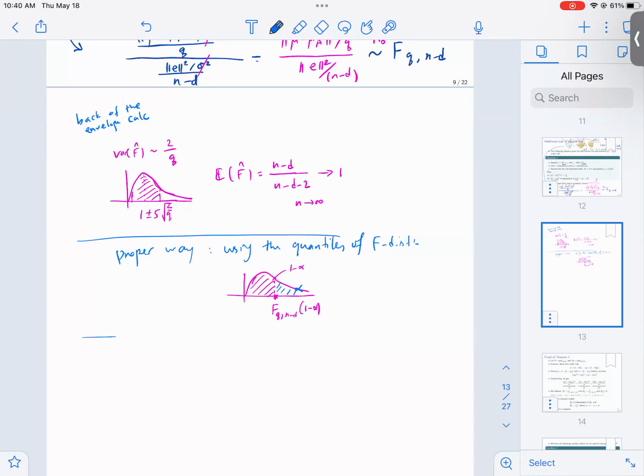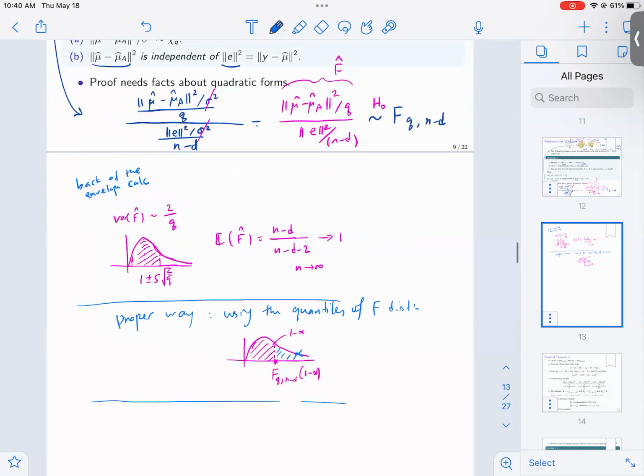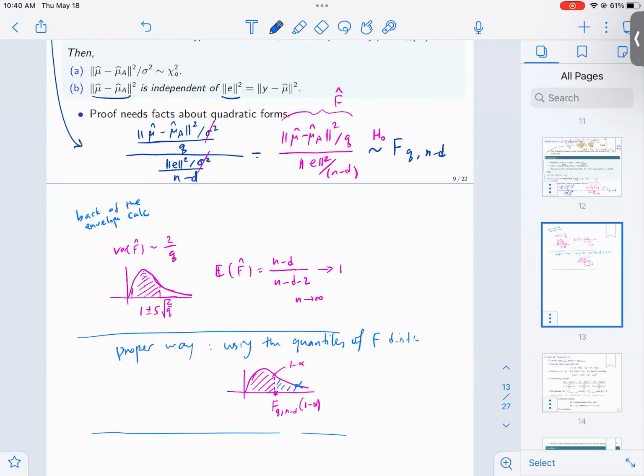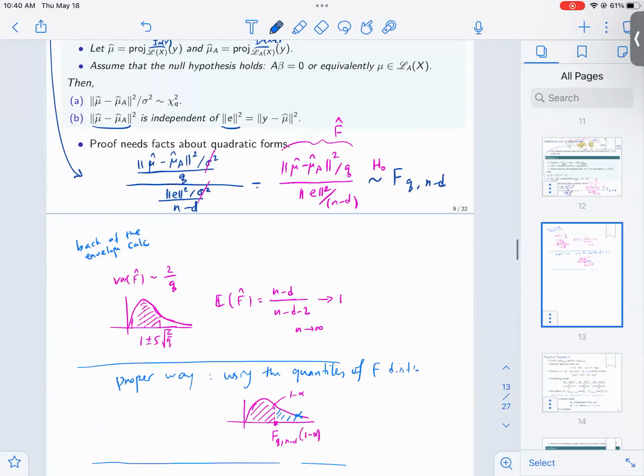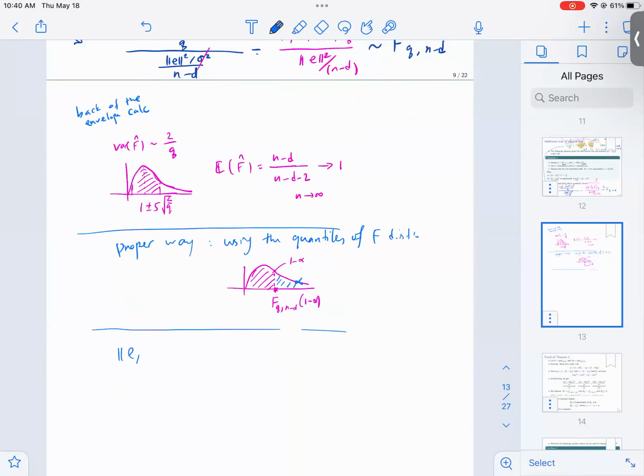Okay, there's another way to write this, which is what I have been doing so far. Remember we have the difference of mu hat and mu hat A. If you can calculate everything, it doesn't matter how you do it. You can calculate the difference of fitted values.